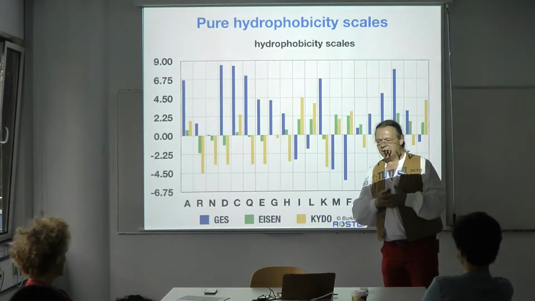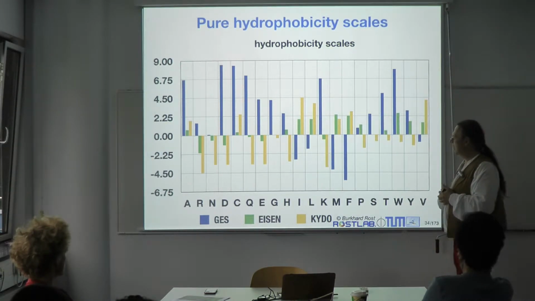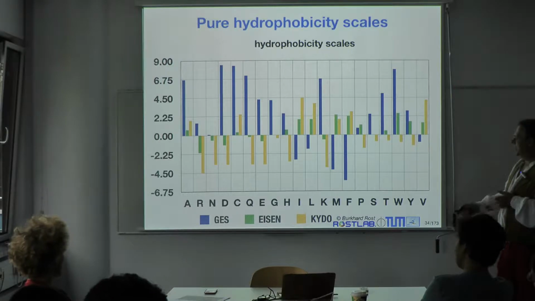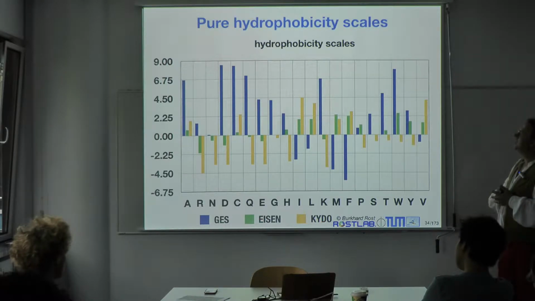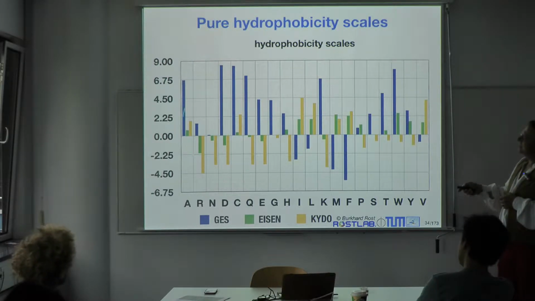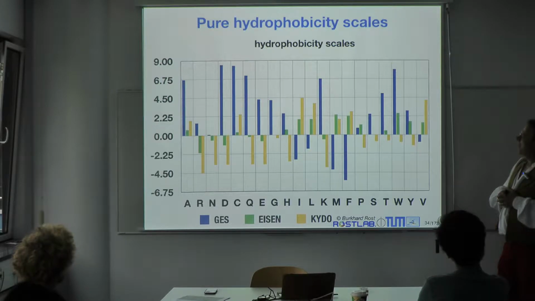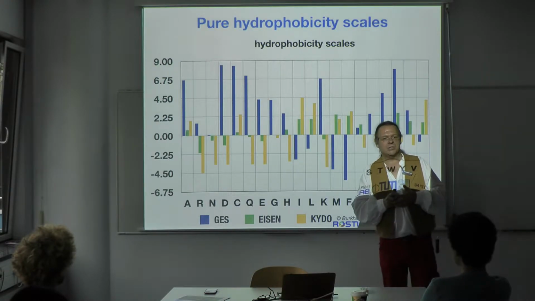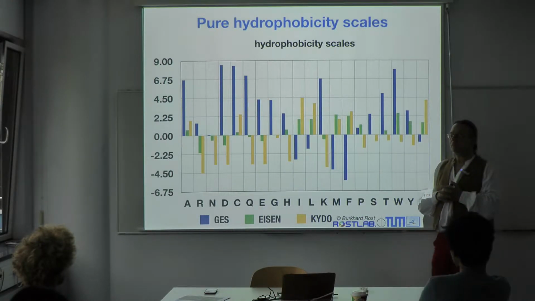When I look at two different hydrophobicity indices, on this particular slide I actually have 1, 2, 3, not 2. It's Kyte-Doolittle, Eisenberg, and the GES scale. The 20 amino acids. This is the index, and you clearly can see that not all lines, or not all bars, are absolutely identical.